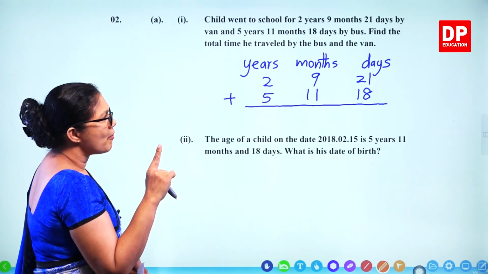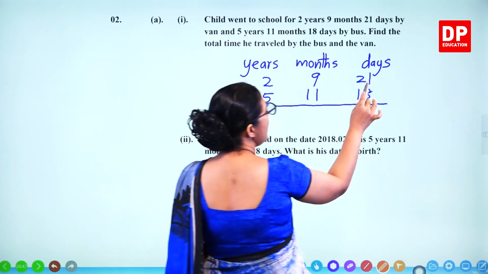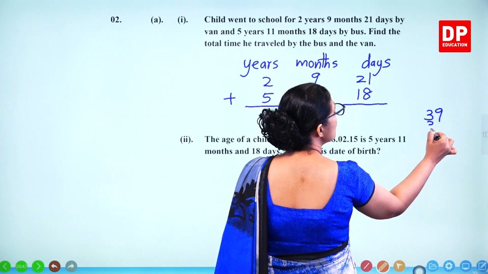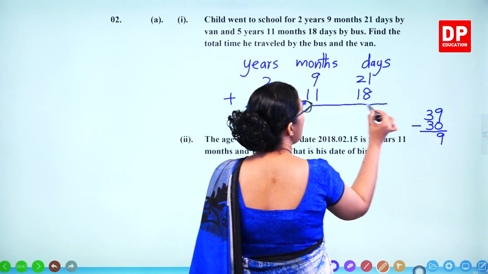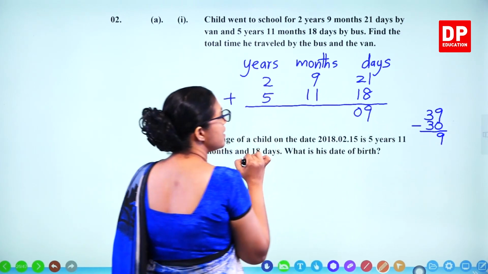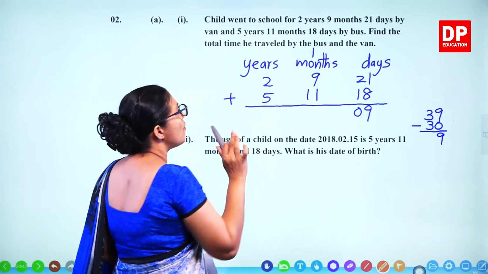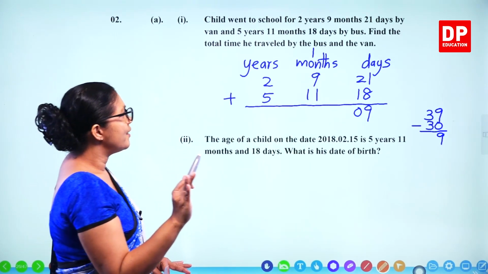So the maximum number of days you can keep is 30. We'll see. 8 and 1, 9. 39. So you have to subtract 30 from that. You get 9 there. So 9 days remaining. Then you take 1 to this side. Whatever the month, you always take 30 days as the standard value.